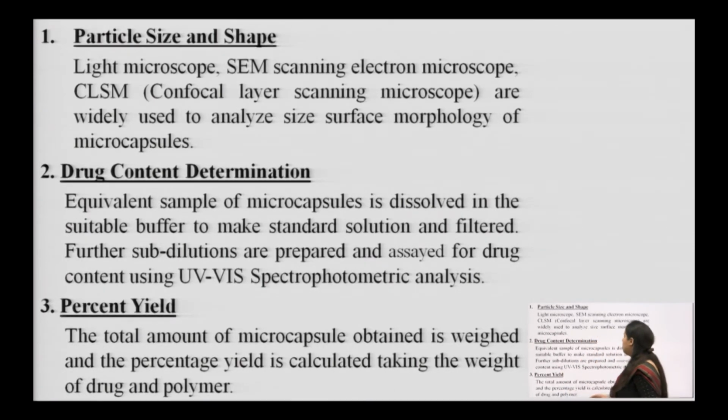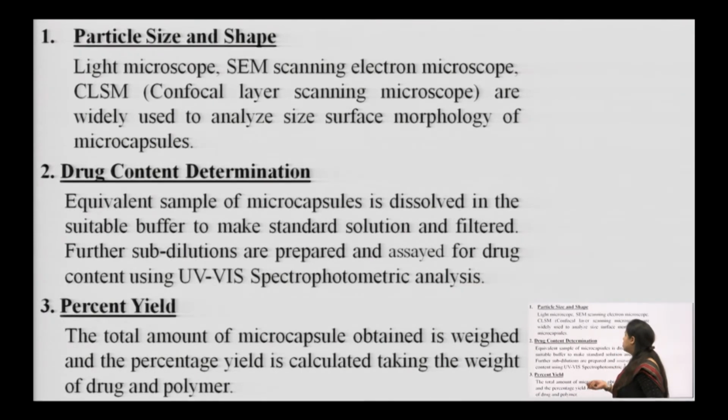So, in drug content determination, an equivalent sample of microcapsules that you have prepared in your lab is dissolved in a suitable buffer. As I have told you, if you are making it for gastric delivery, then you will take the gastric fluid, otherwise you will take phosphate buffer of varying pH based on your route of administration.